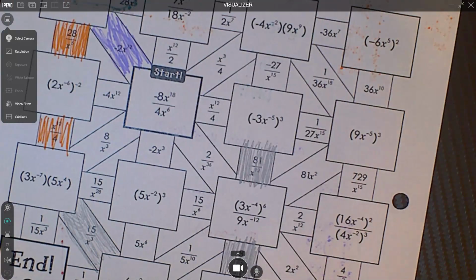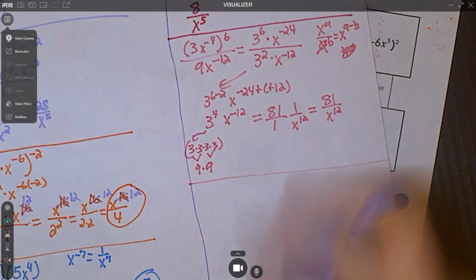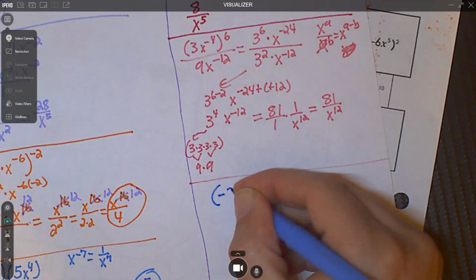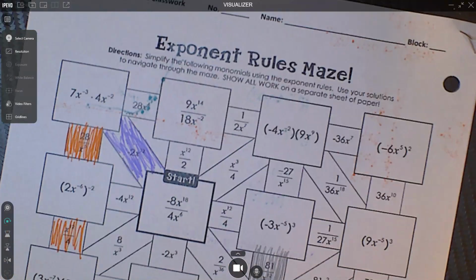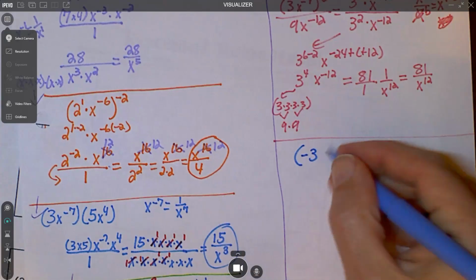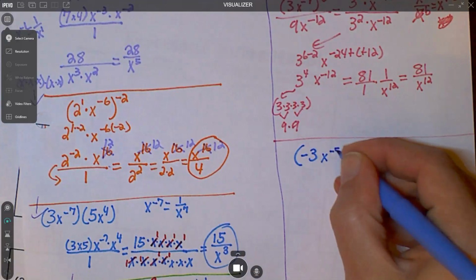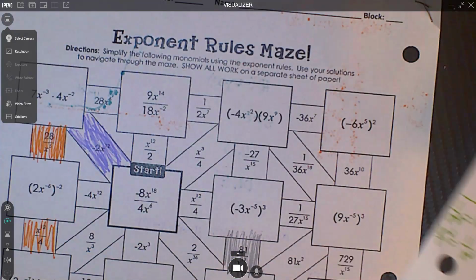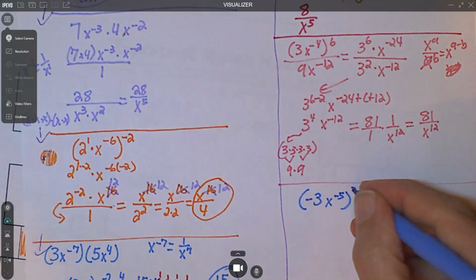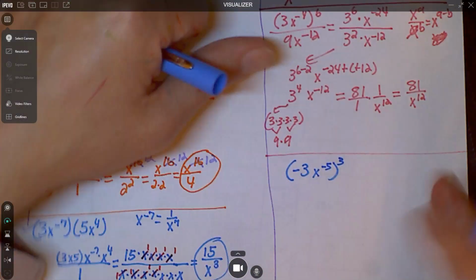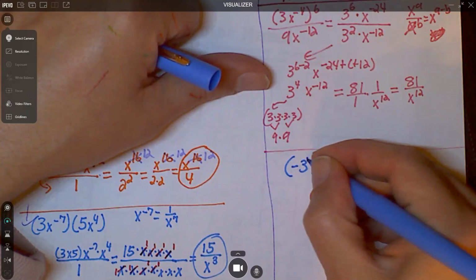Okay, my next question. So this is really negative 3 to the 1.